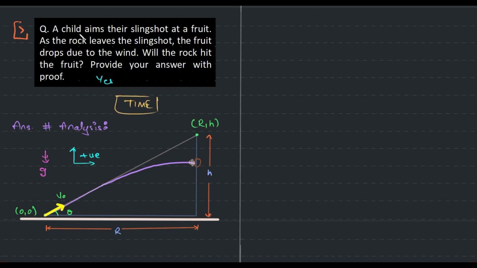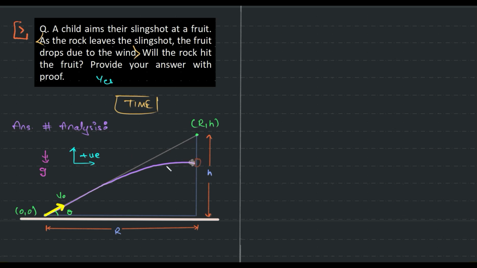Okay, guys, see here. The child aims for the fruit. As the rock leaves the slingshot, the fruit drops due to the wind. So basically, what is this talking about? Both of these things are happening at the same time. So the time it travels to this point, if the fruit is able to reach that point, they will hit each other and you have your hit.